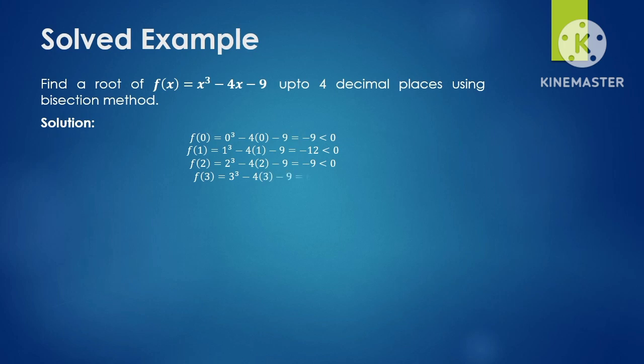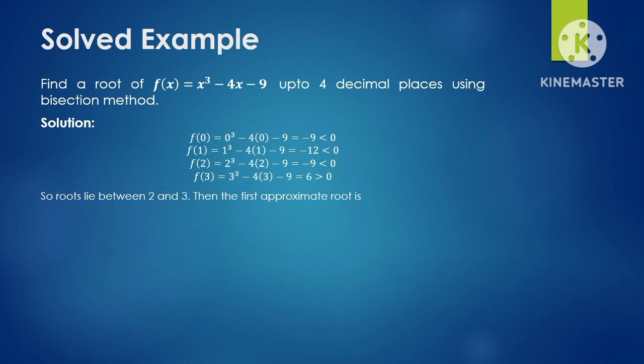When we put x = 3 in the given function, we get 6, which is a positive number. So our root lies between 2 and 3. Now, our points are a = 2 and b = 3.